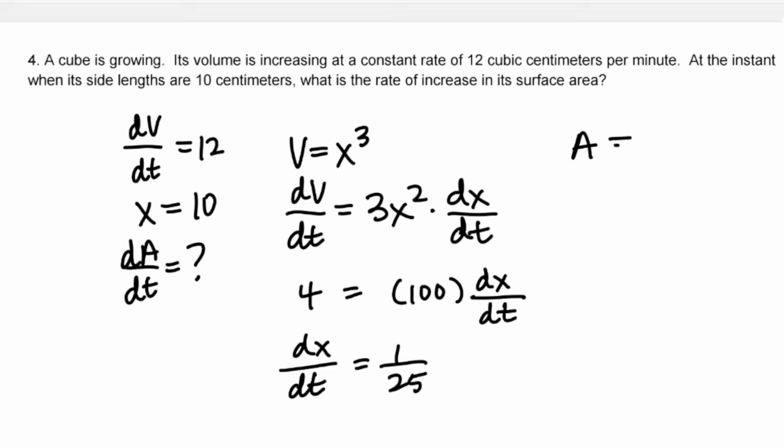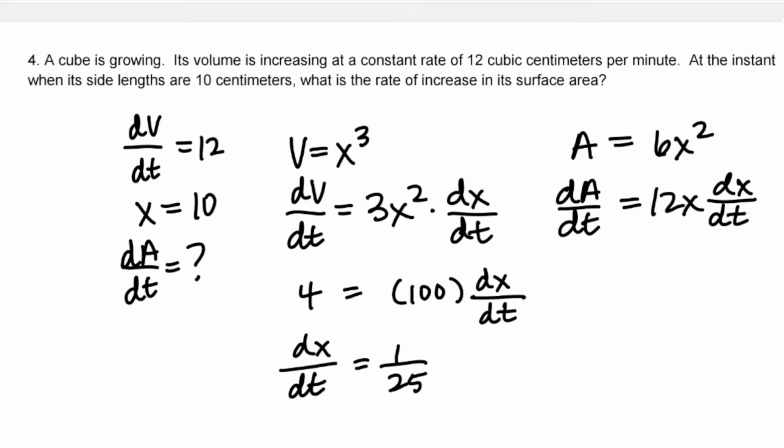Then the area of the cube is going to be 6x squared because there are 6 sides and they're all squares. And then I'm going to have the derivative of A with respect to t is going to be 12x dx/dt. And dA/dt is the thing I'm hoping to solve for.